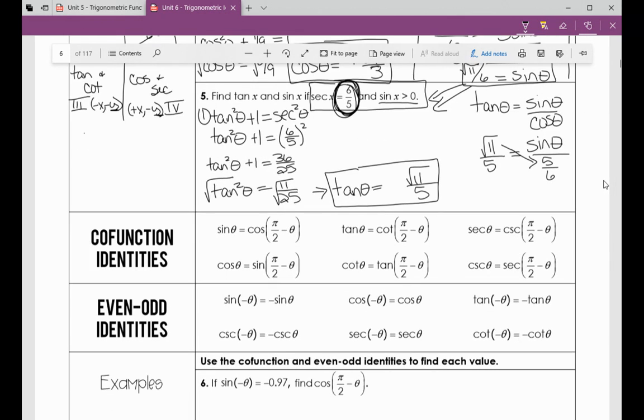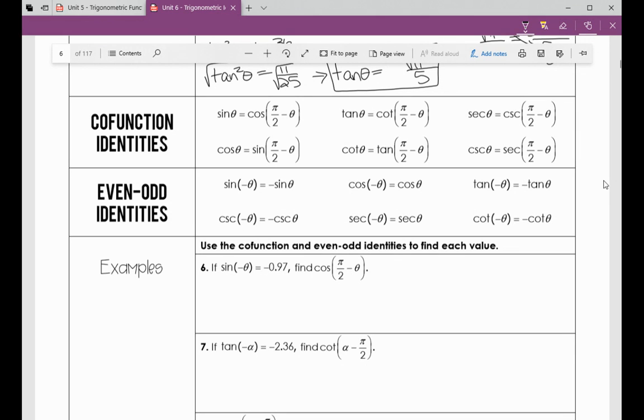All right, so the last little bit on this particular page talks about cofunctions and even and odd functions. Cofunctions are the ones that add up to 90 degrees, such as if I gave you sine of 40 degrees, its cofunction would be cosine of 50 degrees. Sine and cosine are always cofunctions. These two measurements have to add up to 90. If you type both of those in degrees on your calculator, you are going to get the same exact decimal.